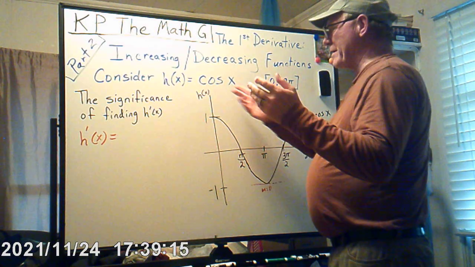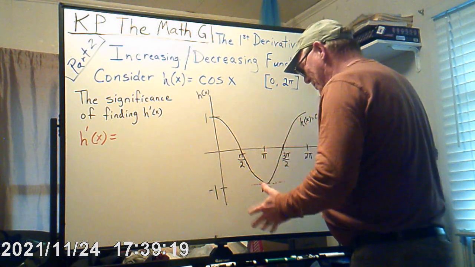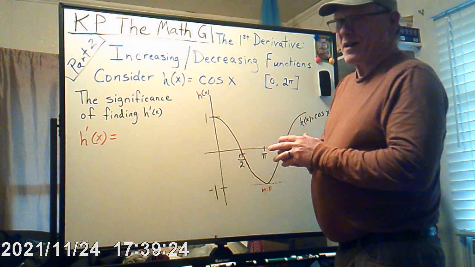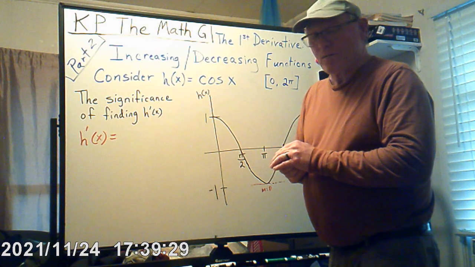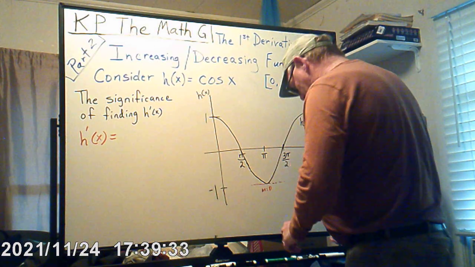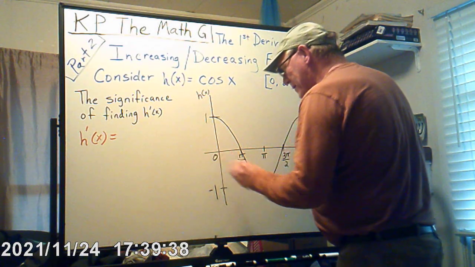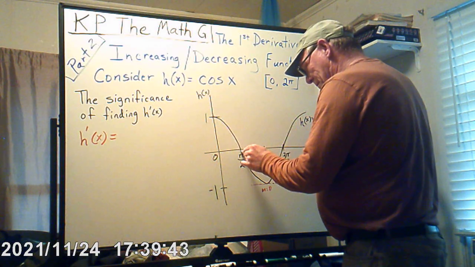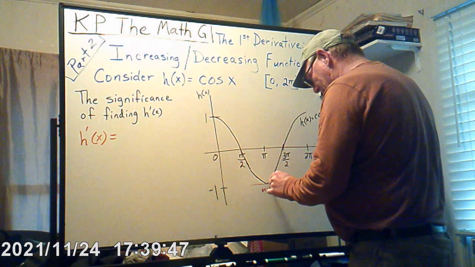I could have picked cosine 2x or something like that, but since my board space is kind of limited, I just decided to stick with cosine x. That will still do the job that I'm wanting to accomplish here. So cosine x, and by the way, at x equals 0 this is 1, and then at pi over 2, 0, and at pi negative 1.